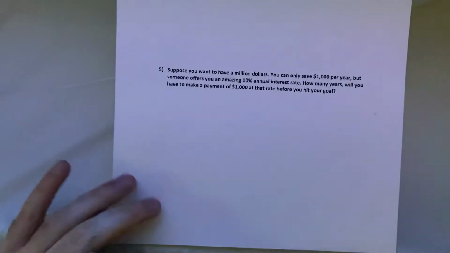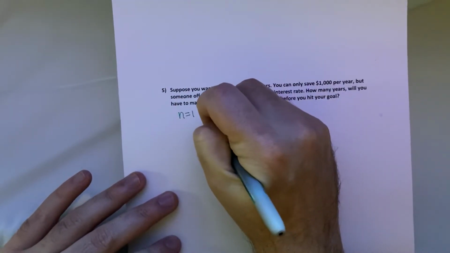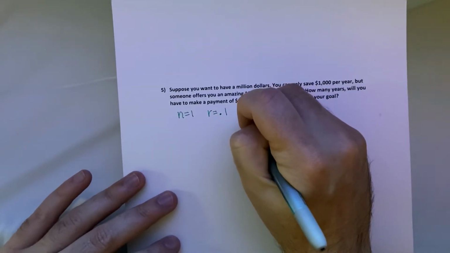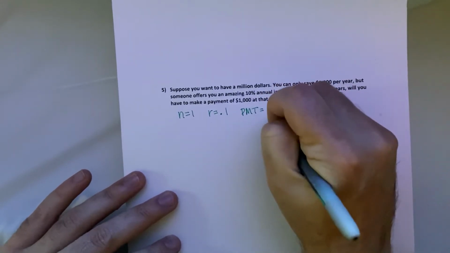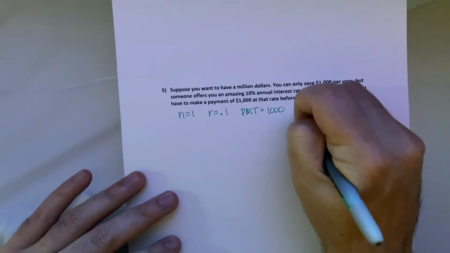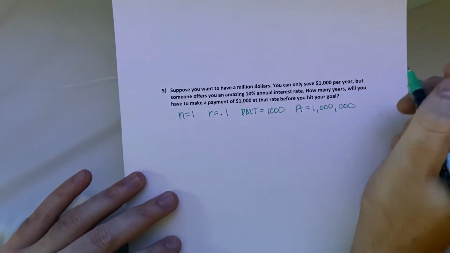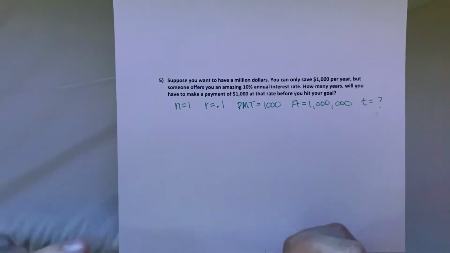Okay, so here our N is 1. Our rate is 0.1. Our payment is 1,000. Our goal is $1 million. And really the thing we don't know is actually T in this case.